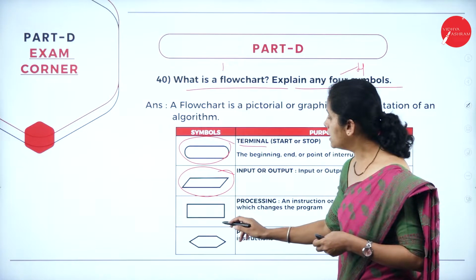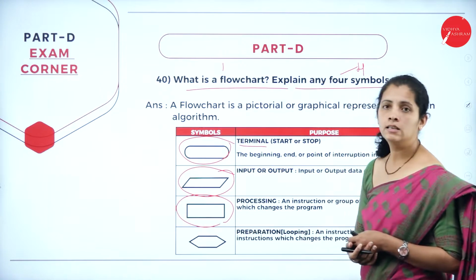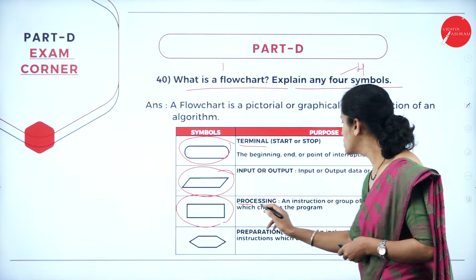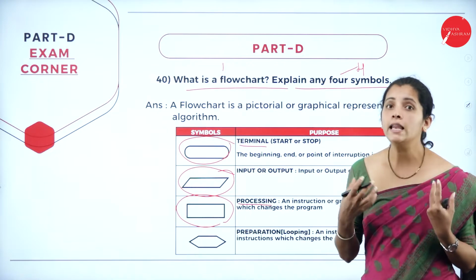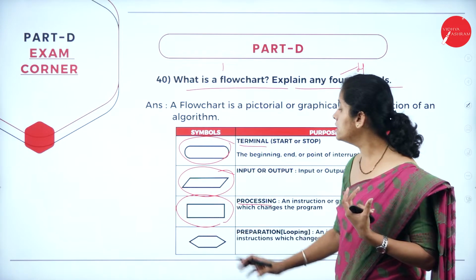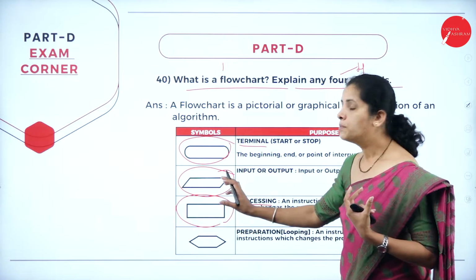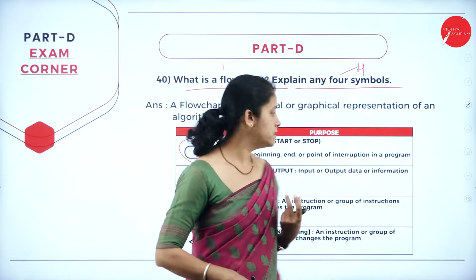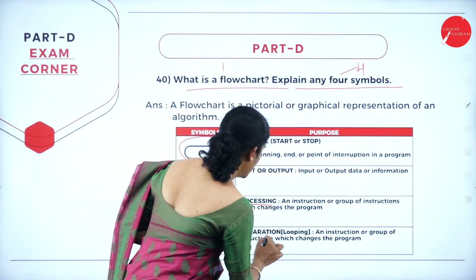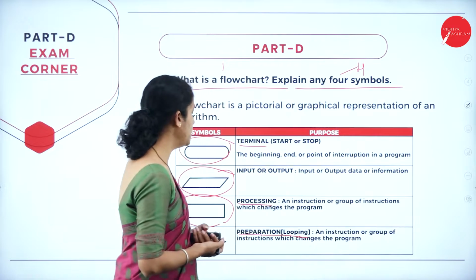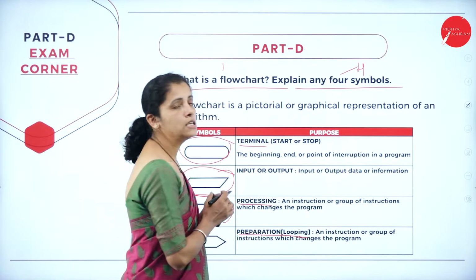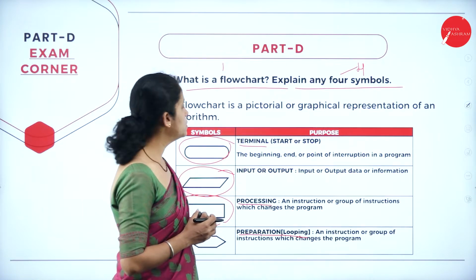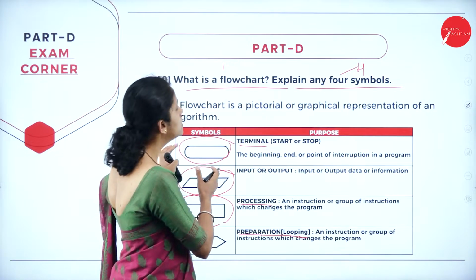And if I consider the rectangle, then it is processing. That means all the calculation parts are written in the processing. And for preparation or looping, I'm going to use this symbol. So these are the symbols.